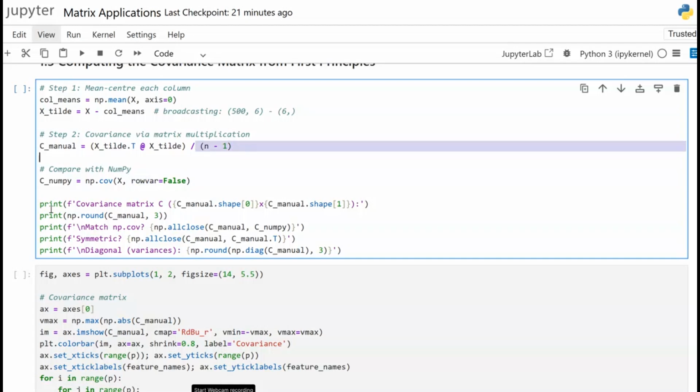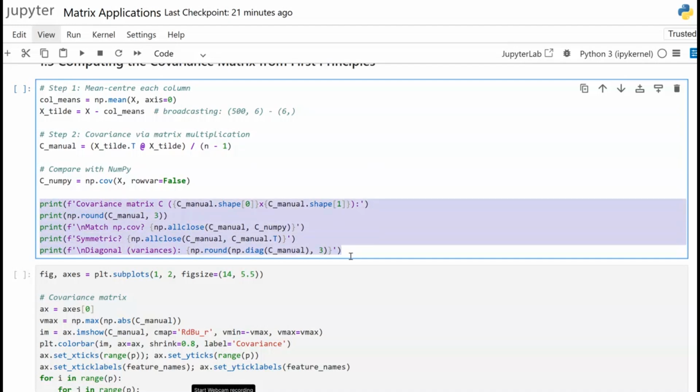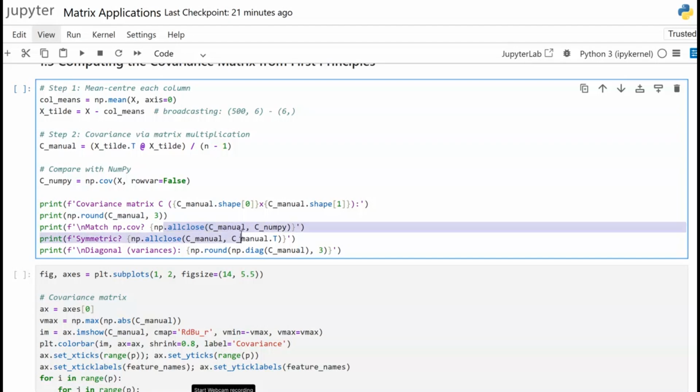Let me see the exact result by printing this output, that is shape and value. It displays the covariance matrix rounded to 3 decimals. And this one verifies numerical equivalence between manual and NumPy results. If both match, the expected result would be True.